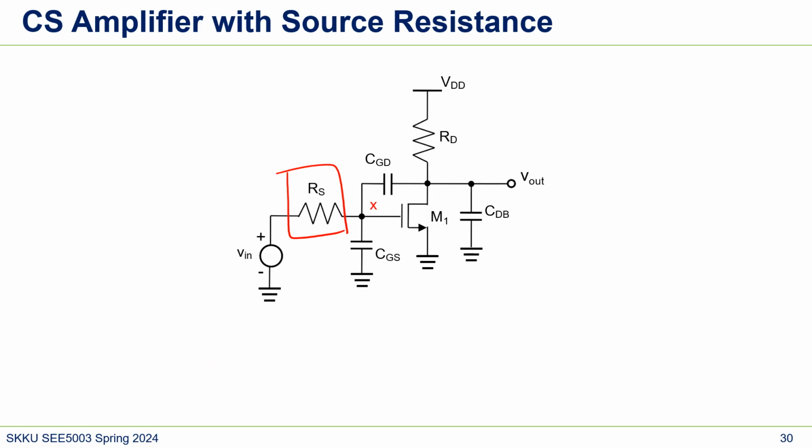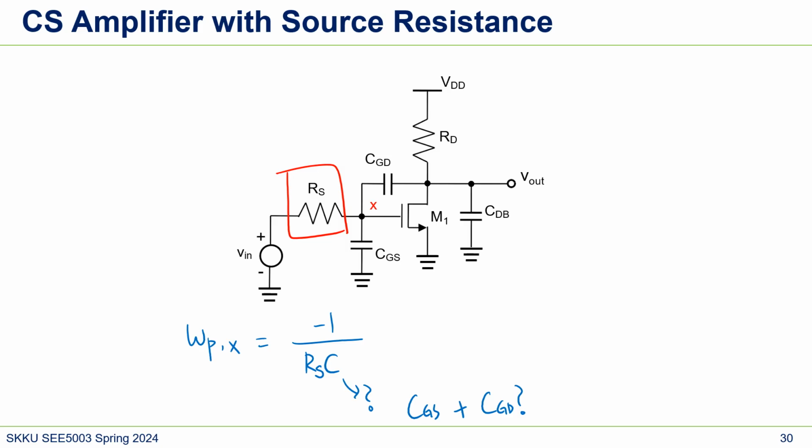The pole at X, as I've said, will follow the RC rule of thumb. R would be RS, right? What about C? So this is a question mark. We do have CGS and we have CGD, but is it just CGD? That's what's related to Miller theorem.